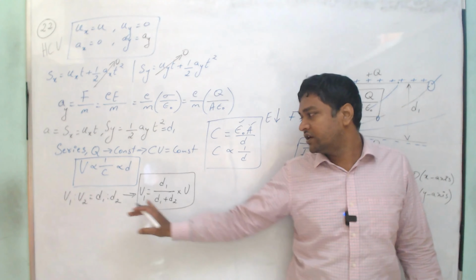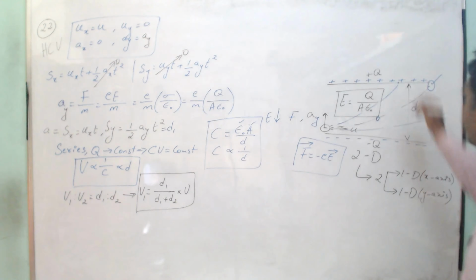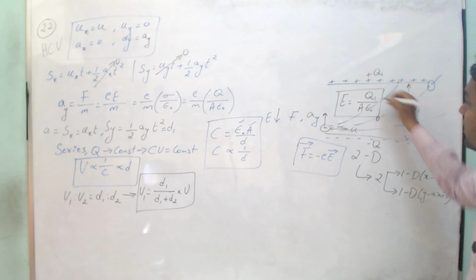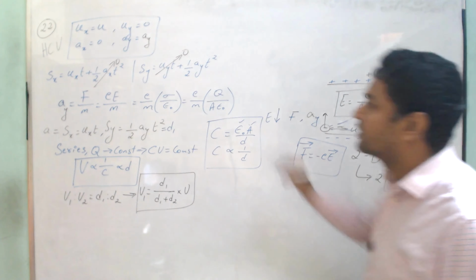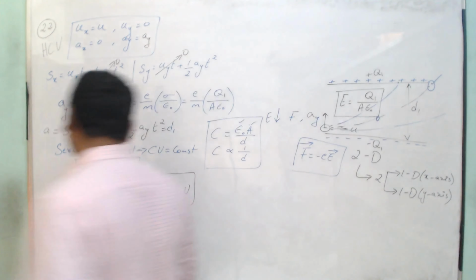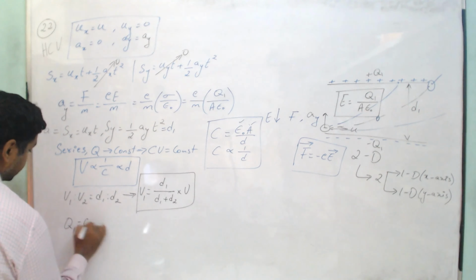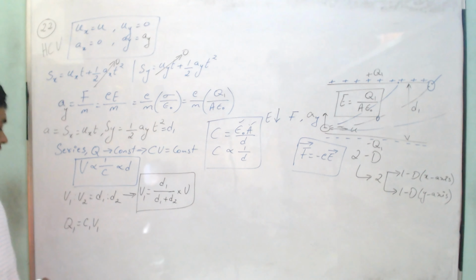Basically, I want to get V1 because I want to get Q1. I am interested in Q1. Are you getting my point? What is Q1? Q1 is C1 into V1, correct?